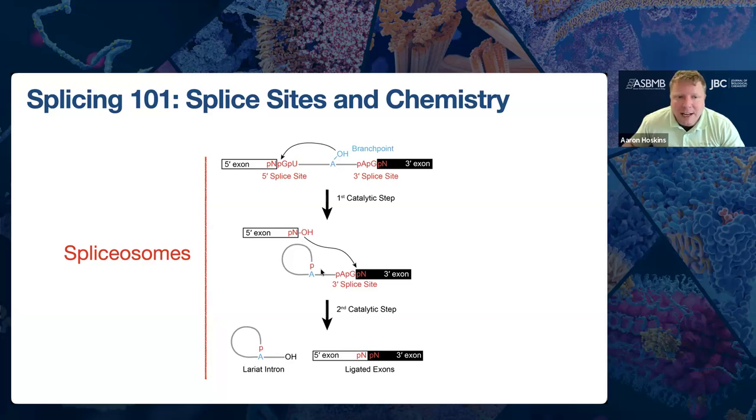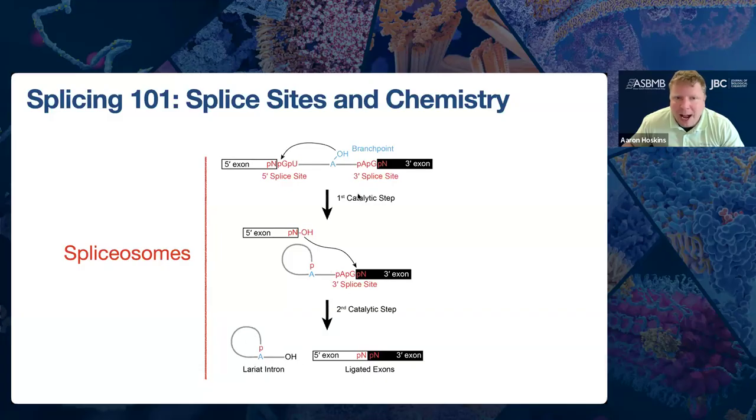In the second catalytic step, the now free 3' hydroxyl group of the 5' exon attacks the phosphodiester linkage at the intron 3' exon boundary and ligates those two exons together. This again forms a new phosphodiester bond while releasing another one, in this case, the lariat intron product.